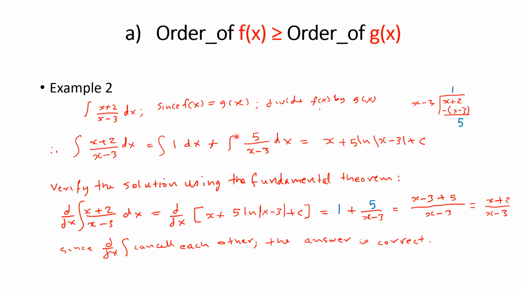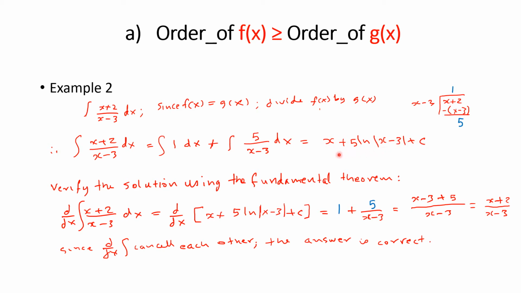This is plus the integration of 5 over (x − 3) dx. It's clear that the integration of 1 dx is equal to x. And this integration is very clear, that's equal to 5. We take the 5 outside the integral, and then ln of |x − 3| plus a constant. So this is the answer.